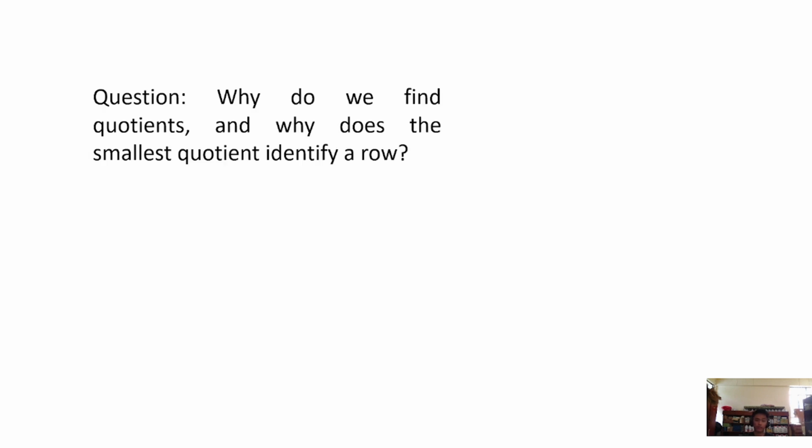Why do we find quotients, and why does the smallest quotient identify a row? The answer is, when we choose the most negative entry in the bottom row, we are trying to increase the value of the objective function by bringing in the variable x, but we cannot choose any value for x.